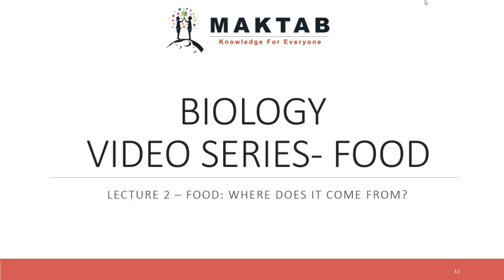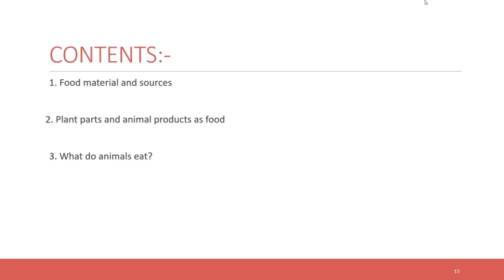So, we are studying the first chapter of science, which is food. Where does it come from? Let's continue our chapter and find out what the contents are. Today we'll be studying food material and sources. From where do we get our food? In this heading, we will be studying from where we get our food.